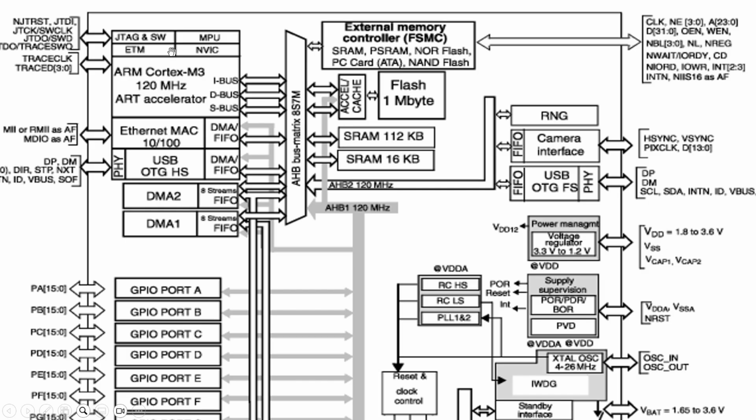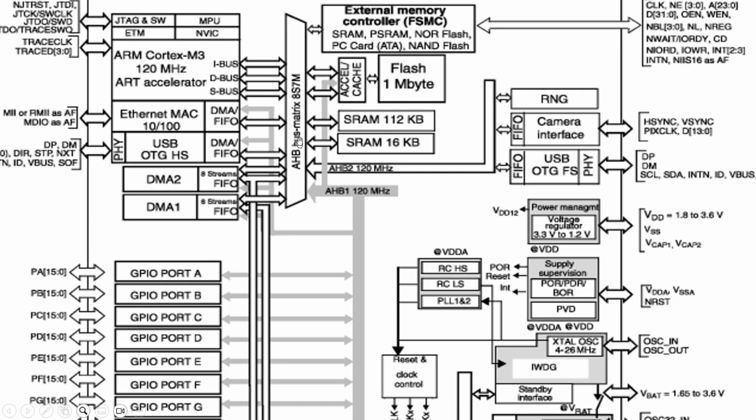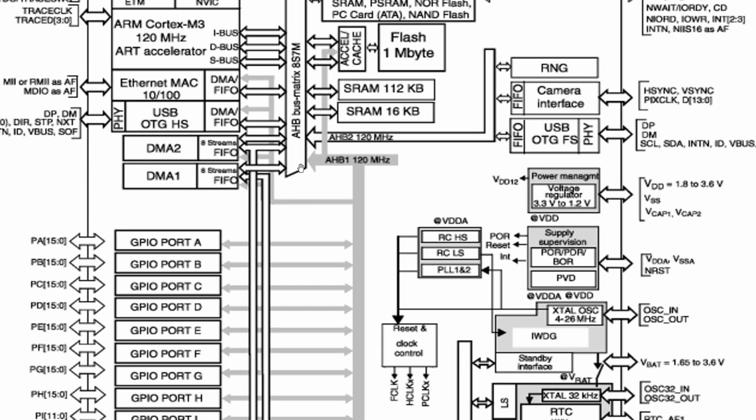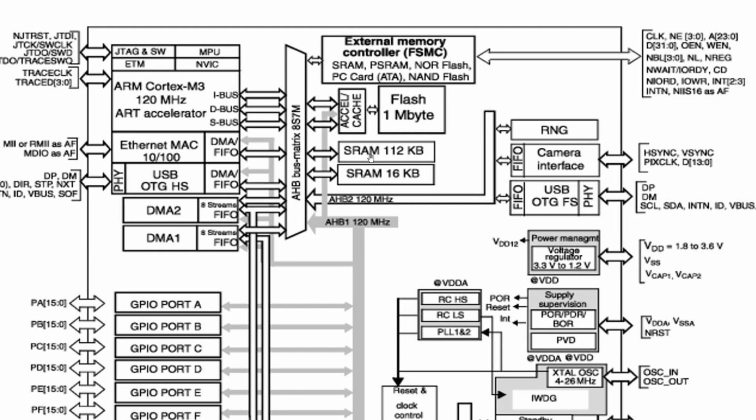This is your processor, ARM Cortex M3, 120 megahertz frequency. This is your microcontroller processor, which is communicating with the AHB1 bus, and this AHB1 bus is communicating with RAM, ROM, flash memory, and external memory controllers.